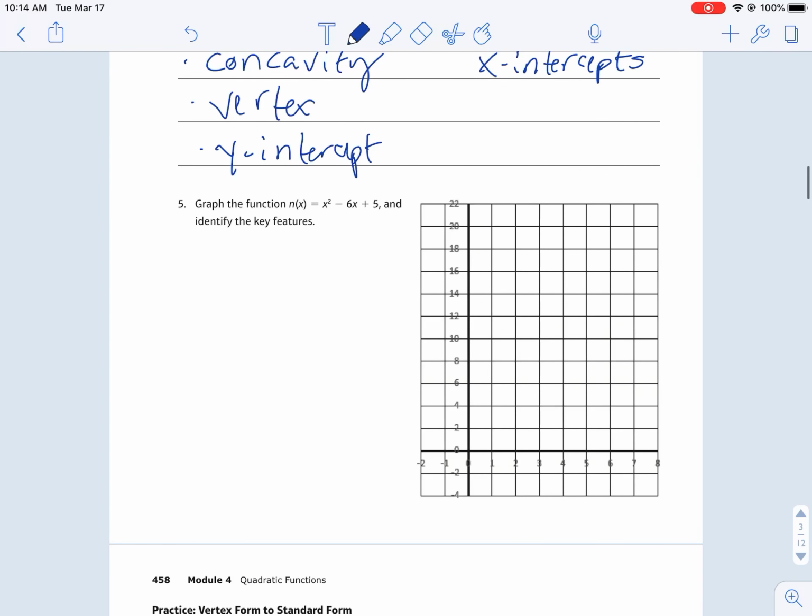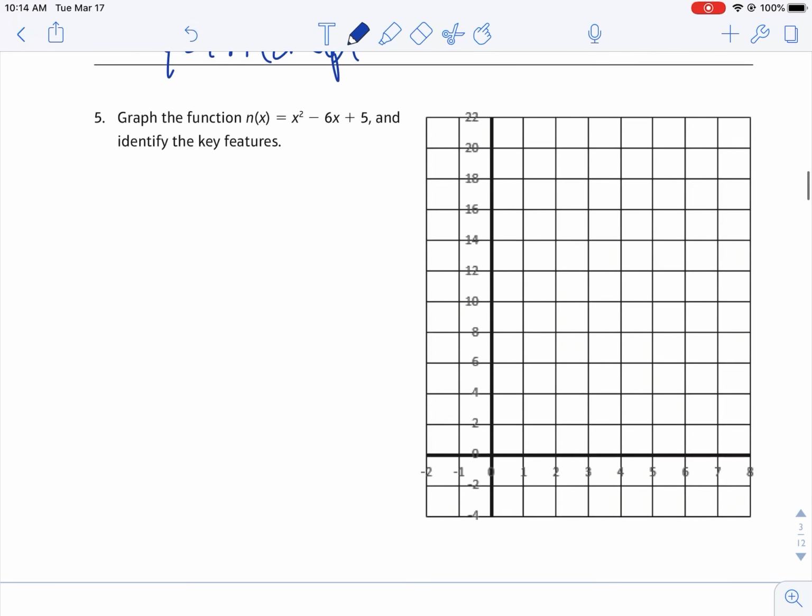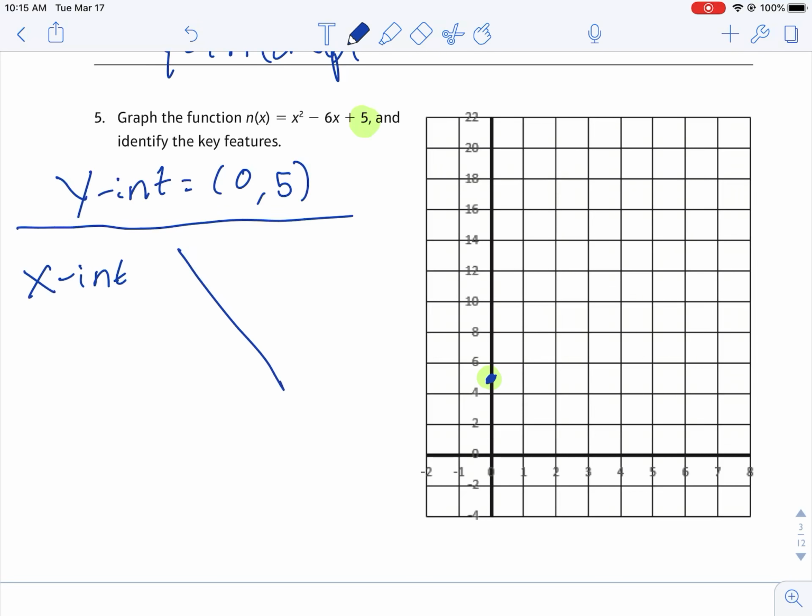To graph the function f of x equals x squared minus 6x plus 5 and identify the key features, well, since it's in standard form, we know our y-intercept is going to be 5. Okay. To calculate the x-intercepts, let's write that down, y-intercept 0, 5. The x-intercepts, we're going to use the x method, where 5 goes on top, negative 6 goes on bottom, and our two numbers that we're going to use are negative 1 and negative 5.